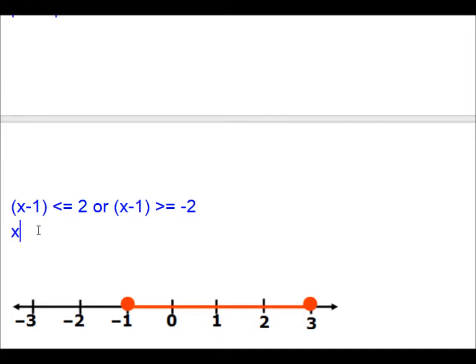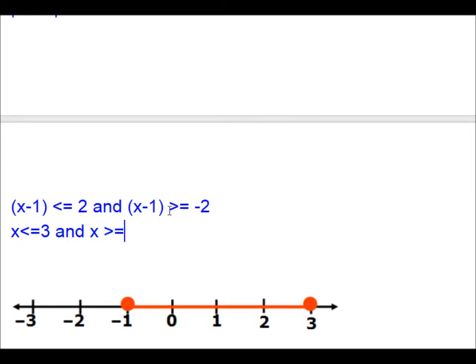So x is less than or equal to, when minus 1 goes to the other side of the inequality, it becomes plus 1. So 2 plus 1 will be 3, and x is here, minus 1 goes to the other side of the inequality, becomes plus 1. So minus 2 plus 1 is minus 1.